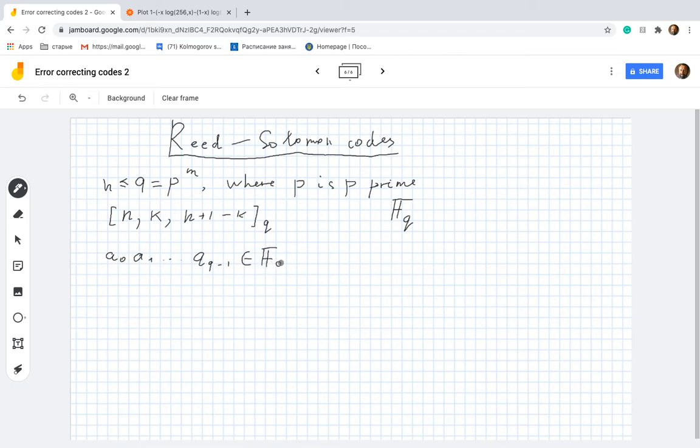So this is the message, and actually we will understand that message as a polynomial a0 plus a1 x plus etc. plus a(k minus 1) x to the k minus 1.